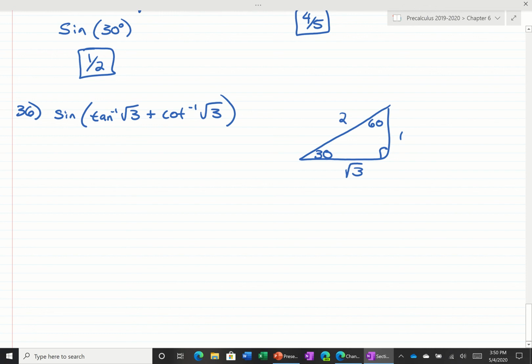Now the tangent of 60 degrees would be root 3. The cotangent of 30 degrees would be root 3. So the sine of 90 degrees is just a quadrantal angle. The sine of that angle right there would be 1.